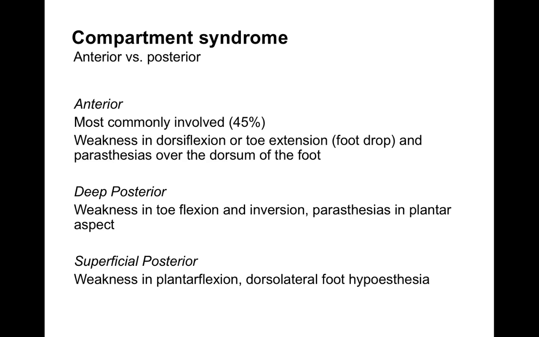And this will be due to the nerves that are located within the anterior compartment and the muscles which are innervated by those nerves, as well as the area of skin that is going to be compromised due to the nerve that is coming out of the anterior compartment. Deep posterior would manifest as weakness in toe flexion and inversion, paresthesia in the plantar aspect. Superficial posterior would manifest as weakness in plantar flexion, dorsolateral foot hypoesthesia.